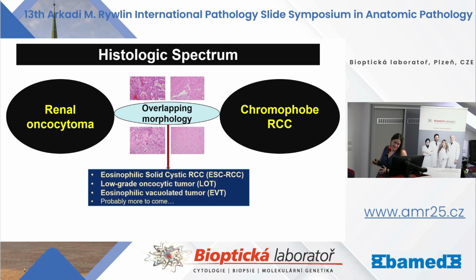And from this in-between category, we generated in the past a few well-known entities. For example, eosinophilic solid and cystic renal cell carcinoma, low-grade oncocytic tumor, eosinophilic vacuolated tumor. By the way, all these tumors were described by my colleague Andreas.